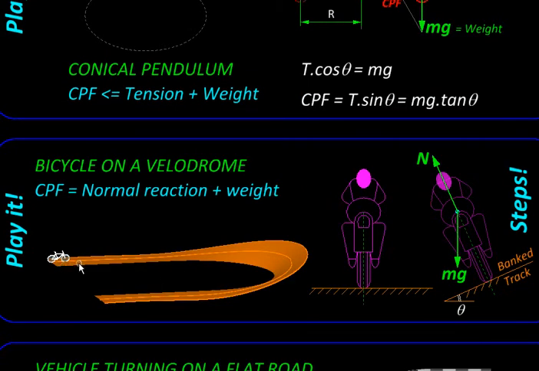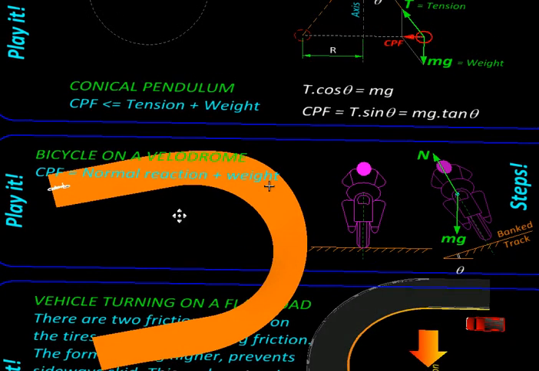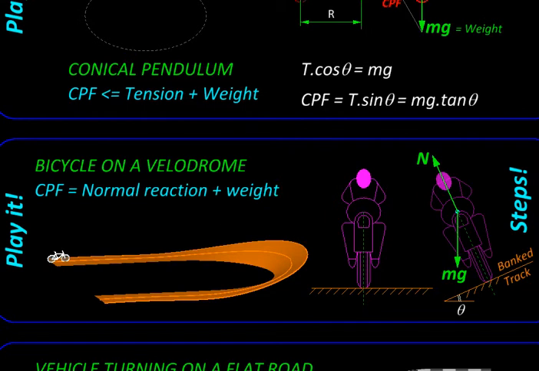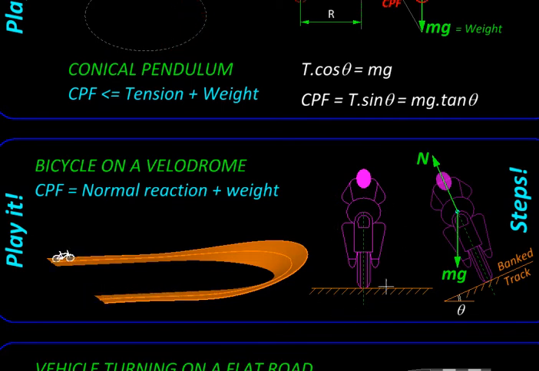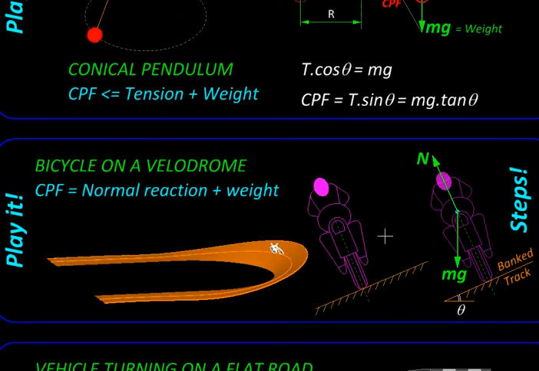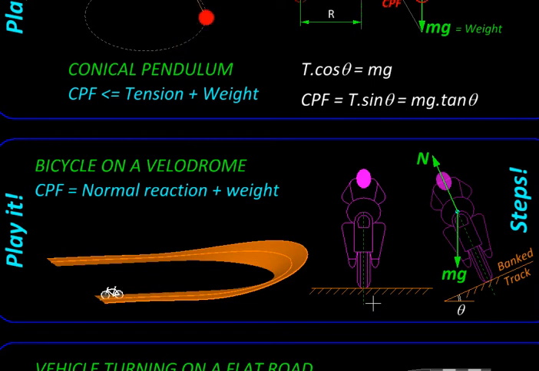Next, we will take a look at a bicycle taking a turn on a racetrack which is inclined at the turn. Such a track is called a velodrome, and this is how a bicycle turns on it. You can see the road surface and the bicycle rider in the cross section over here. The forces acting on the bicycle rider are two.